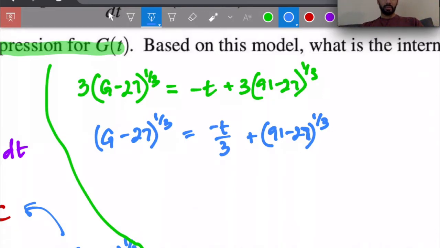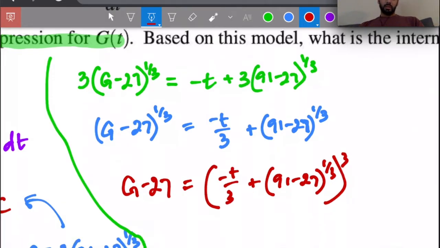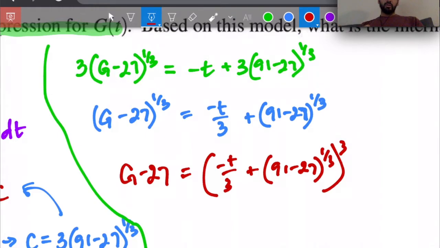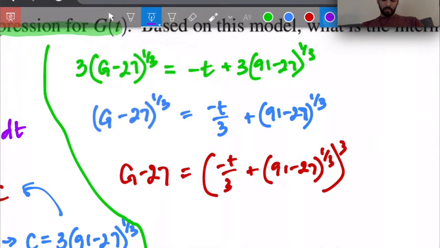So that'll make this g minus 27 equals all of this, negative t over 3 plus 91 minus 27 to the 1/3, all to the power of 3, all of that guy. And then I just need to add a 27 over to the other side, and that'll give me my equation.